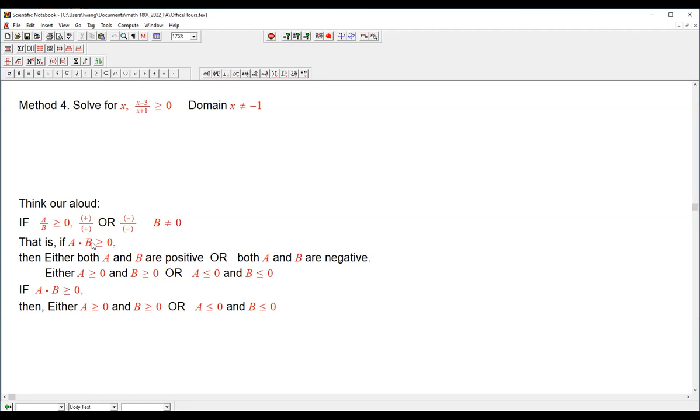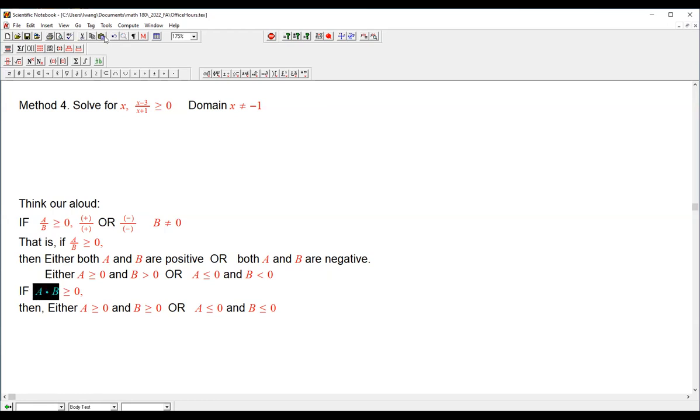So just like when we multiply, when dividing, if the quotient is positive or 0, then same story, both are positive or both are negative. Either A is greater than or equal to 0 and B is greater than 0, but here B cannot be 0, so B has to be positive. And the other one is A is less than or equal to 0 and B is less than 0.